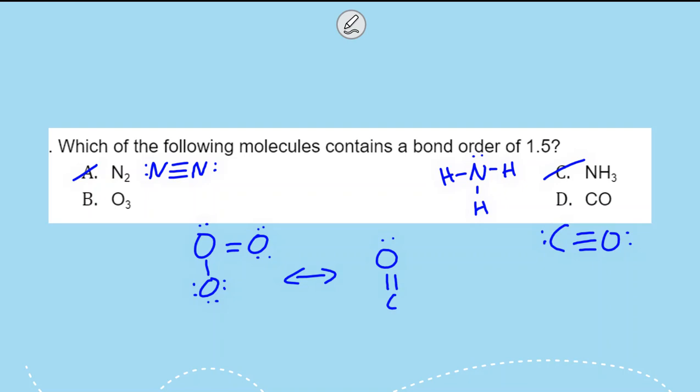So when you do that, you'll see that that extra double bond is equally distributed over both, so that makes it have a bond order of 1.5. These ones, this one's a bond order of 1 because they're all single bonds. This is a bond order of 3 because it has a triple. And the nitrogen would also be a bond order of 3.